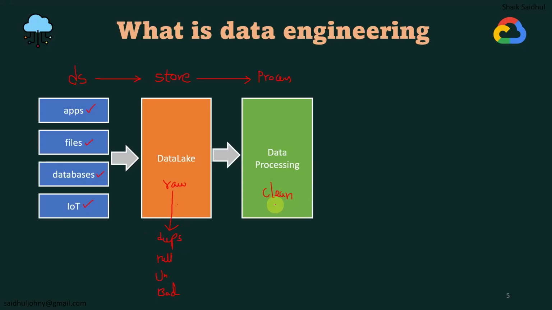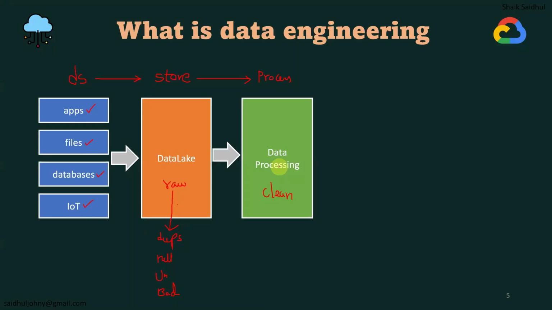So what you are doing is extracting this raw data and doing some processing on top of it. While you are doing the processing, there are multiple steps, right? There are multiple frameworks also available in the market to process the data, like the Beam framework, the Spark framework, and the Pandas framework.